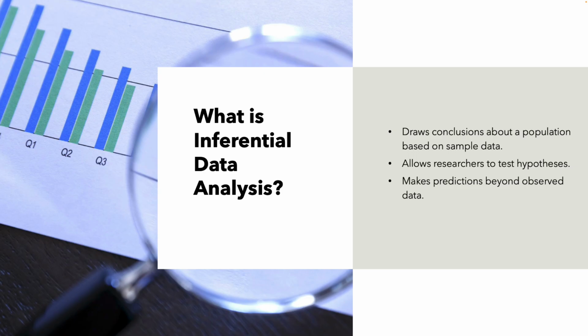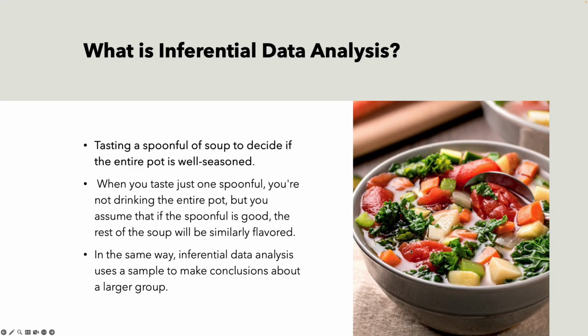Okay, so let me give you a quick example here. Let's say I have this bowl of soup, and this bowl of soup represents all of the type 2 diabetics within the United States. Let's say I'm looking at advanced glycation end products in diabetics, and I want to see how these inflammatory molecules will bind to receptors and cause inflammation and cause things like diabetic neuropathy in people with diabetes.